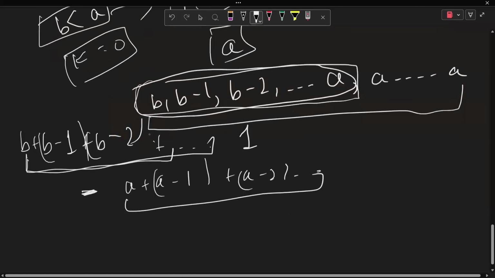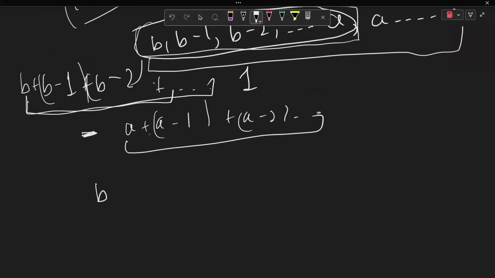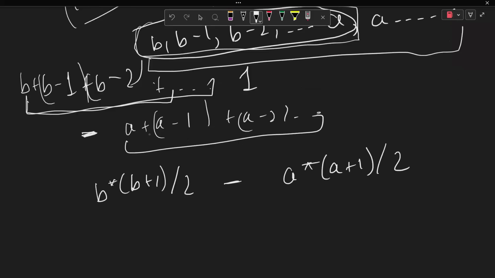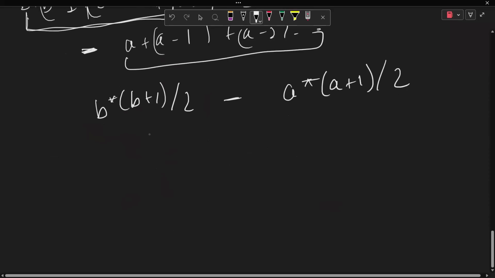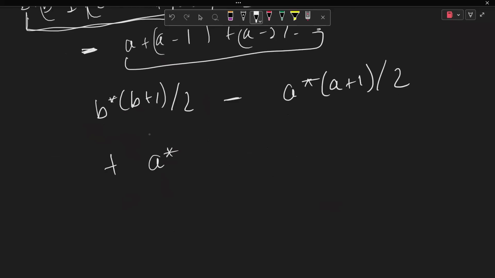So first thing we can write is, sum from 1 to B is B into B plus 1 by 2, minus A into A plus 1 by 2. Through this we will get the answer till this stage. And for the remaining A's, you can just add up A into the remaining. How many remaining did we get?